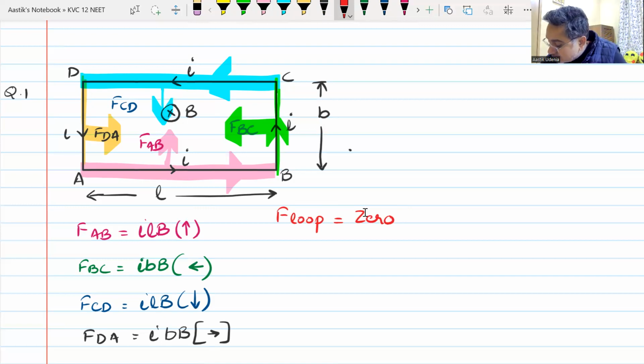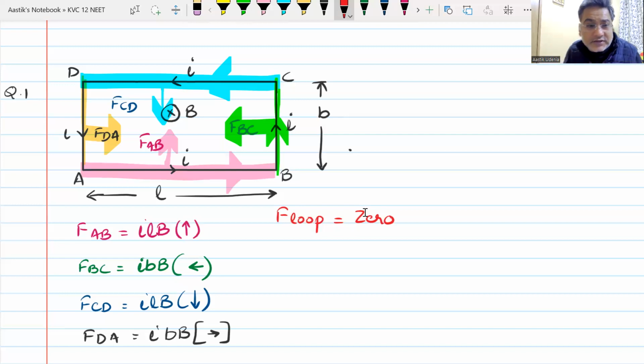If any closed loop of any size or shape is placed in a uniform magnetic field in any direction, the magnetic force acting on the loop will always be zero.